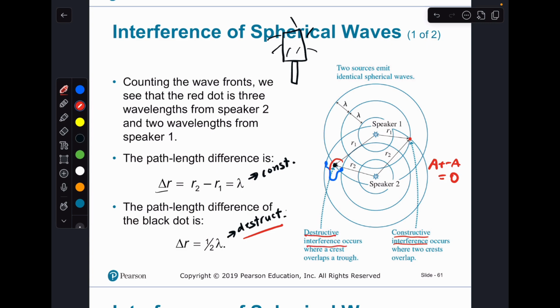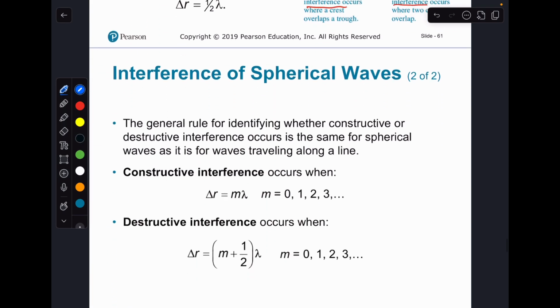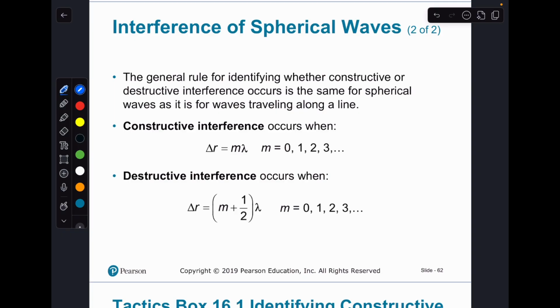It's just a matter of reading and understanding what these circles are indicating, right? The circles are indicating the peaks of the sine wave, and so directly in between would be the trough of the sine wave. The general rule for identifying constructive or destructive interference is exactly the same.